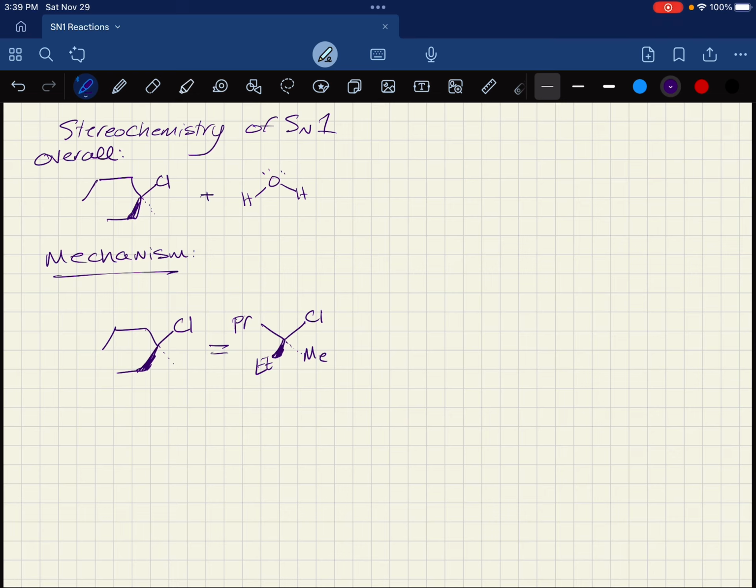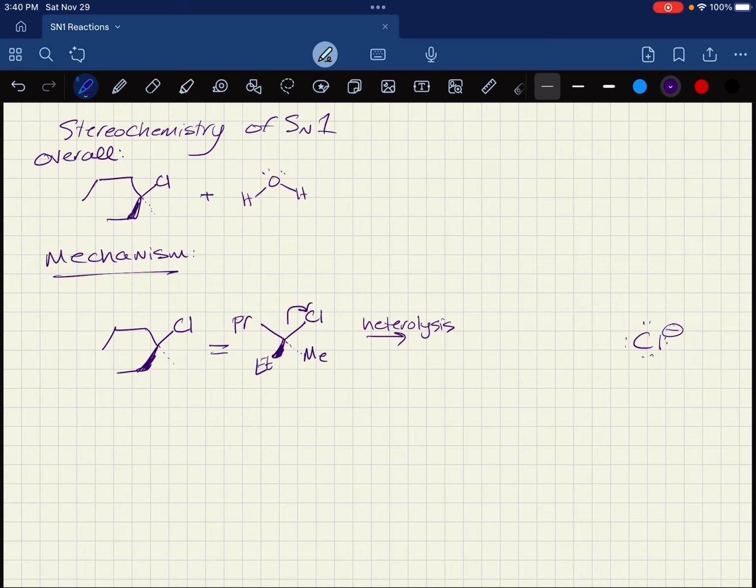Now we're going to do the first step of the mechanism, which is heterolysis. We don't need any sort of proton transfer here because chlorine is a good leaving group as it is. When that chloride anion leaves, we're left with a positively charged carbon atom with only 3 things bound to it.